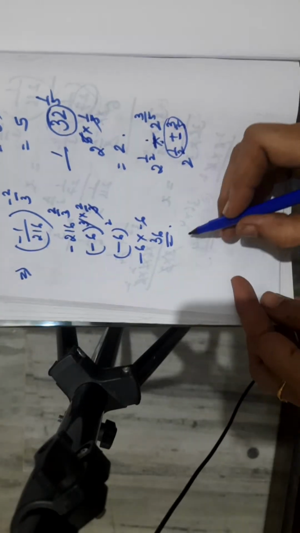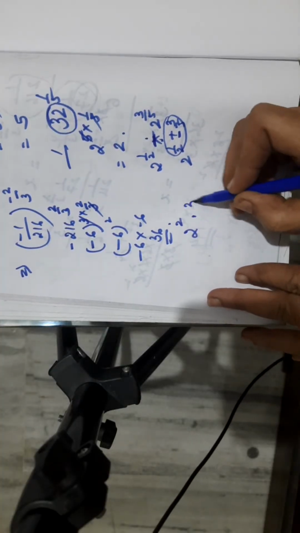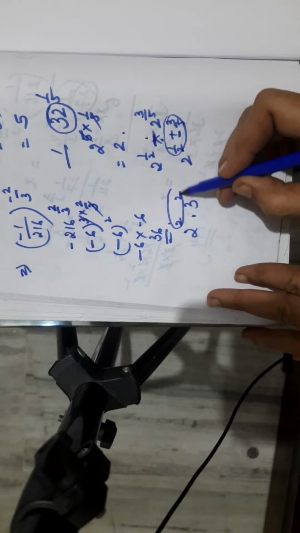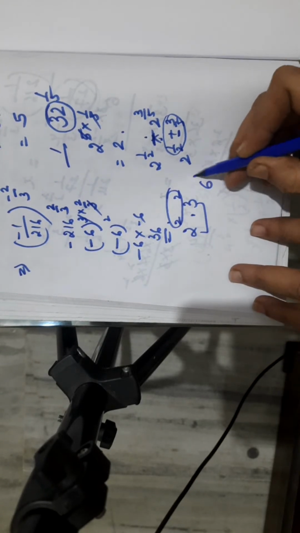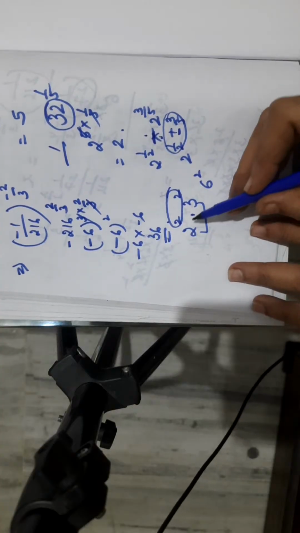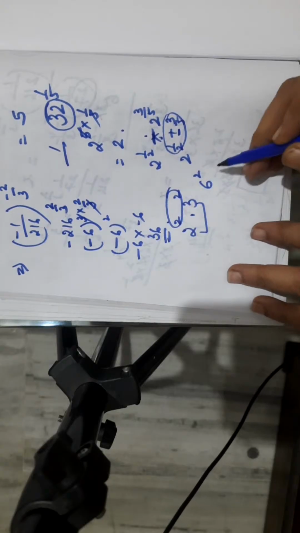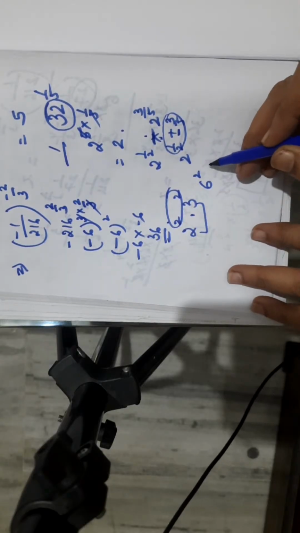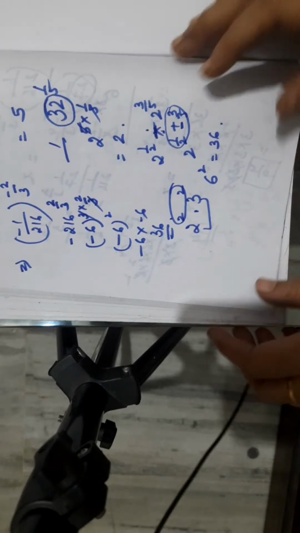Next, if power is same, like power is 2, we'll multiply the base. This we can write as 6 square, 2 square, 3 square. When power is same, we'll multiply the base and we make the same power. So it can be 36. So this kind of basic questions will be there.